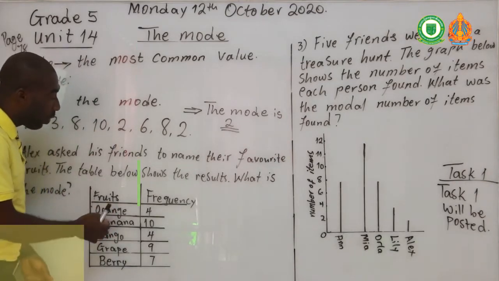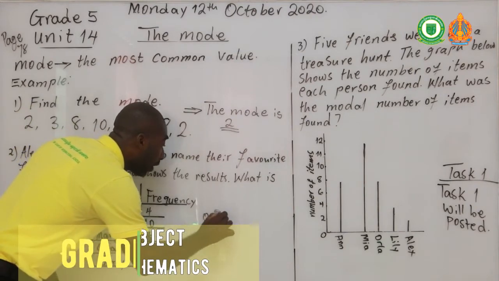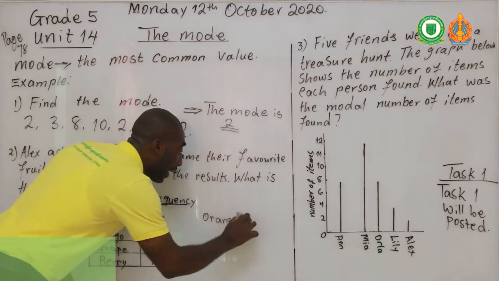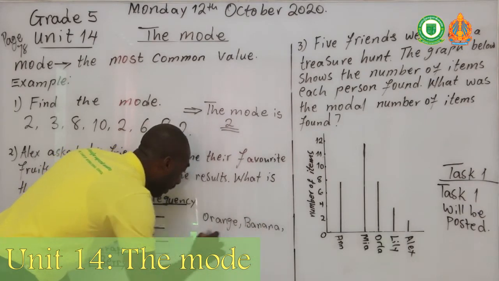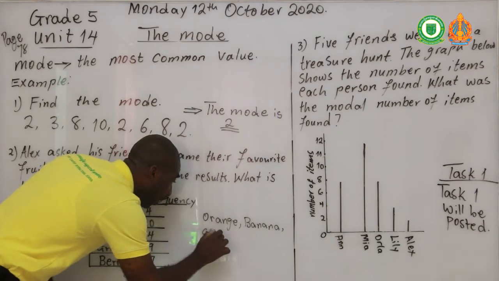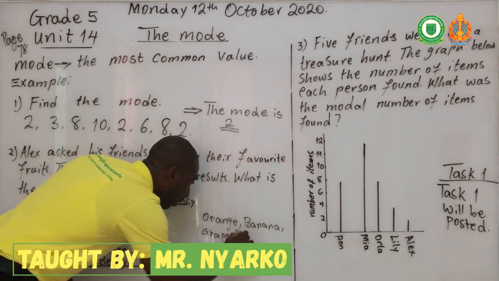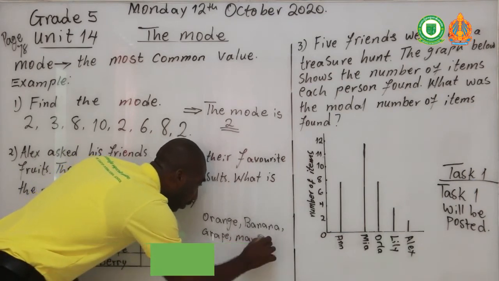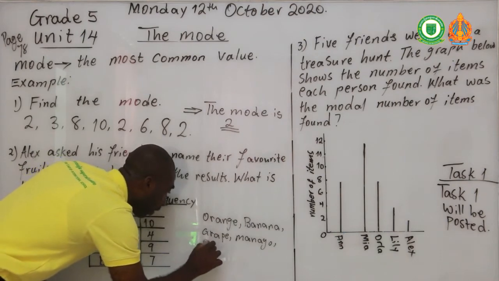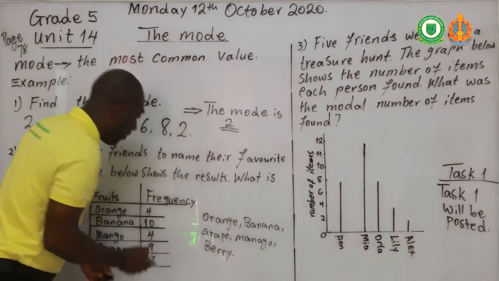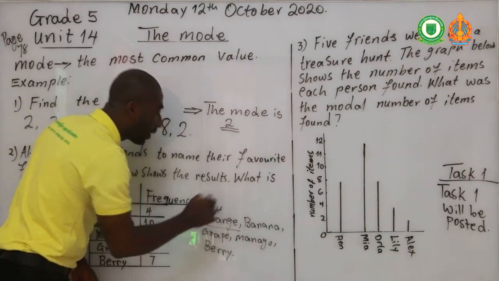So if we are putting a list like orange, banana, grape, mango, and then we come to berry, the frequency here means that we have to write orange 4 times.